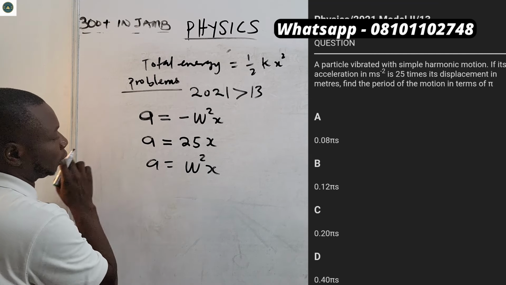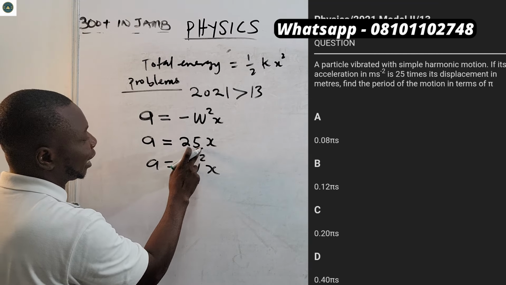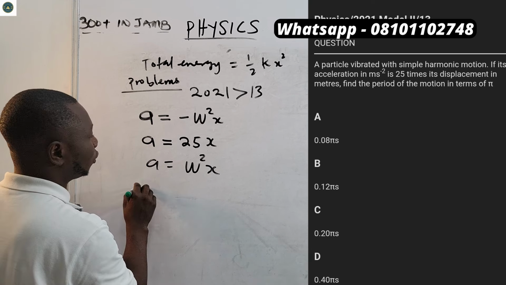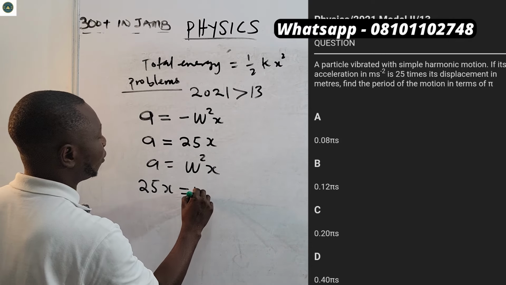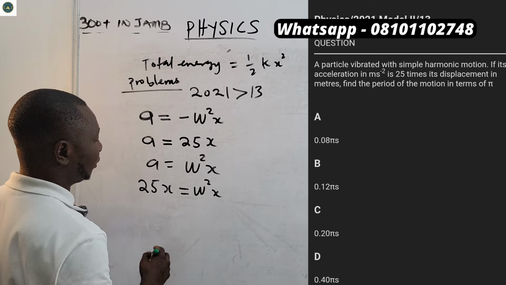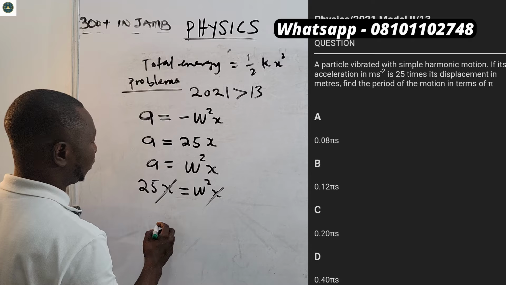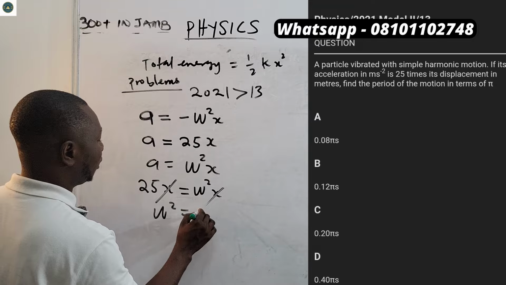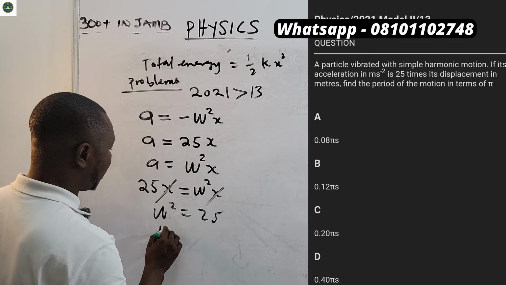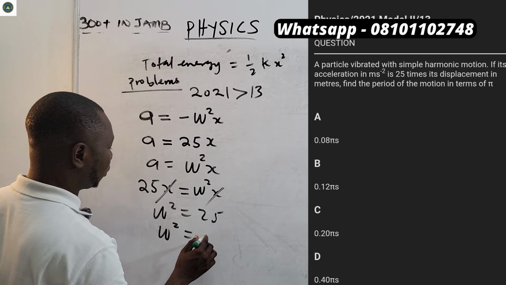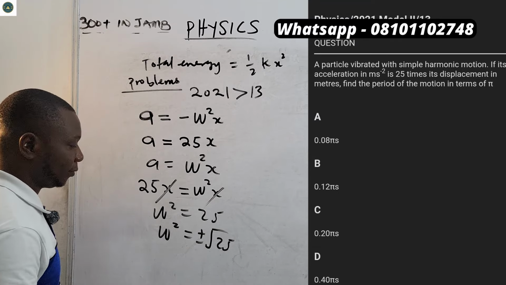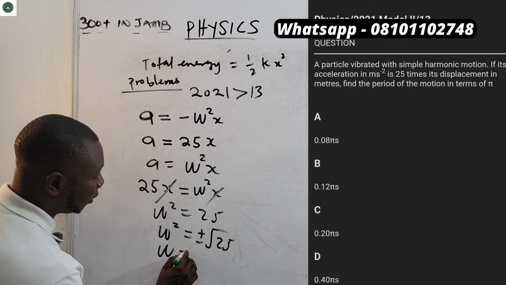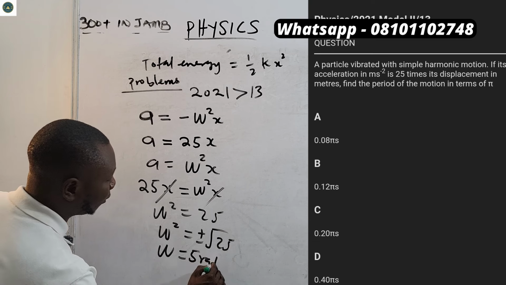Acceleration is 25 times the displacement, so we have 25x equals omega square x. We can cancel x, so omega square is 25. Omega is plus or minus the square root of 25, so omega is 5 radian per second.